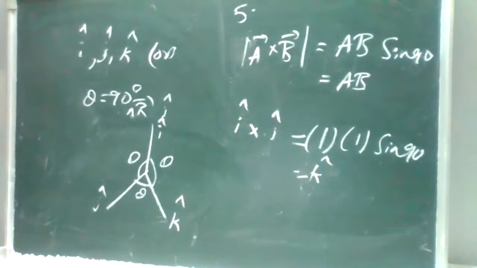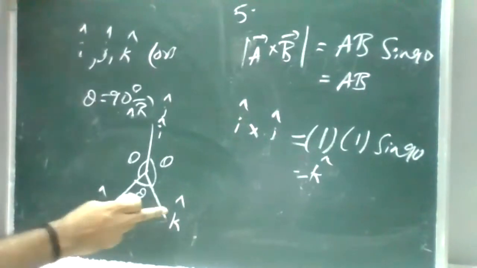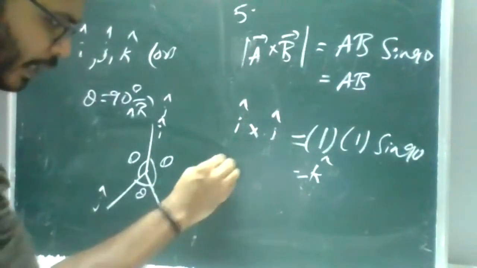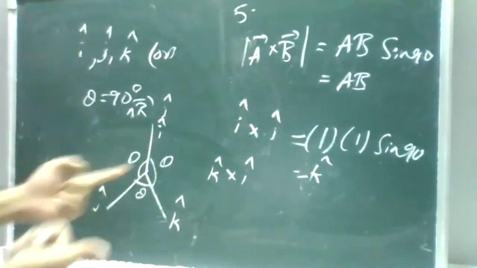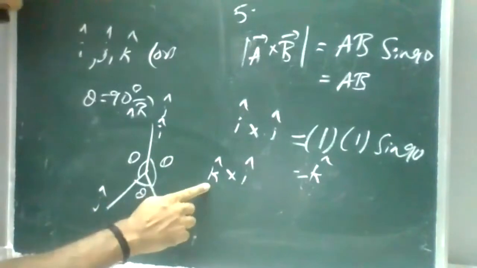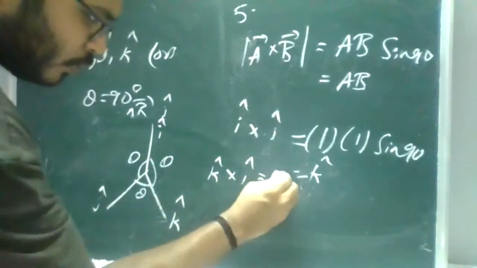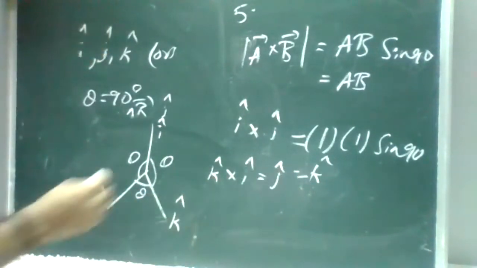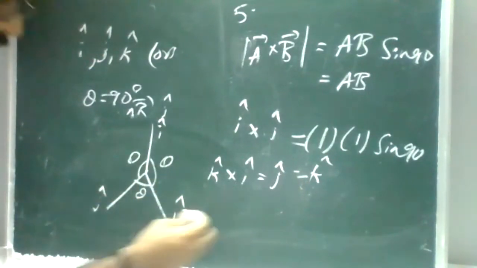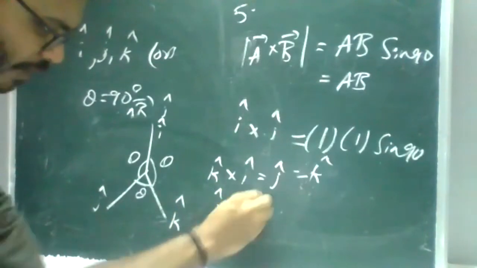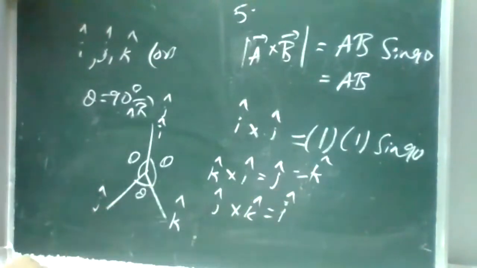Now when you multiply k cross i, we have seen this earlier from the right hand thumb rule. The finger indicates the direction of the vector. So k cross i is equal to j cap, and j cross k is equal to i cap.